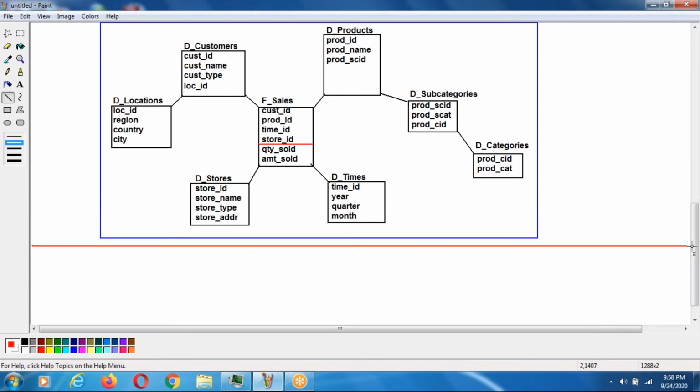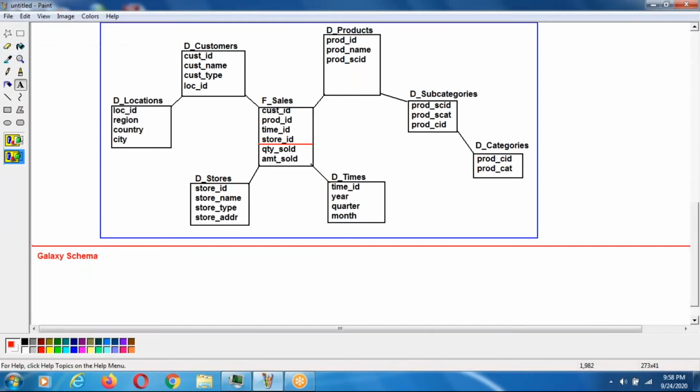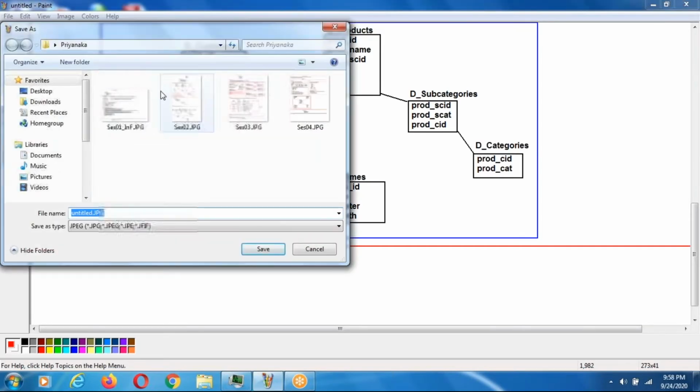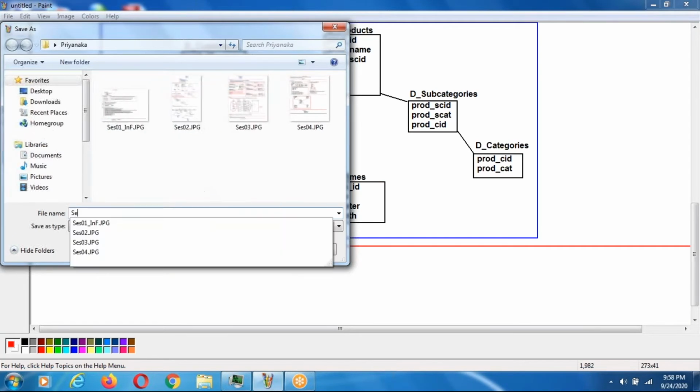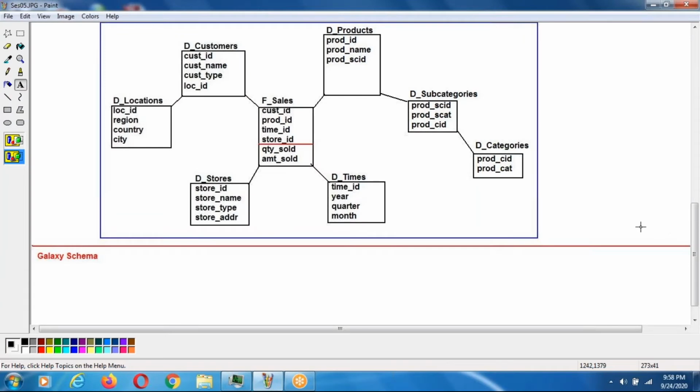And the third one, galaxy schema. I think we discussed the data warehouse principles previously.